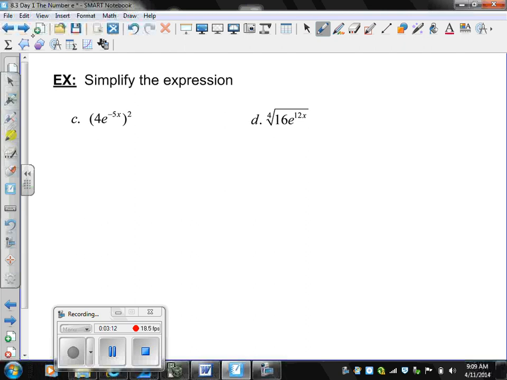Okay, so what happens here? Well, the 4 gets squared, and the e to the negative 5x gets squared, which is a power to a power, so I'm just going to multiply those exponents. And I get 16e to the negative 10x. Likewise in d, I'm going to break this apart and do this one piece at a time.